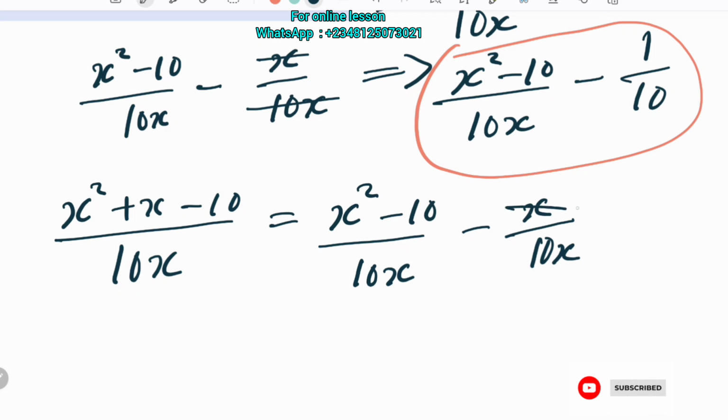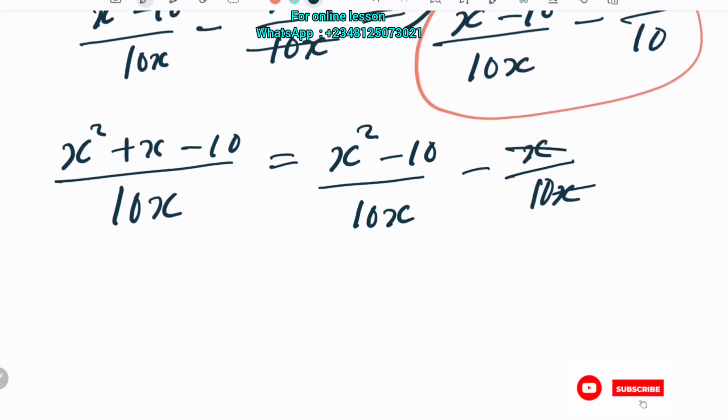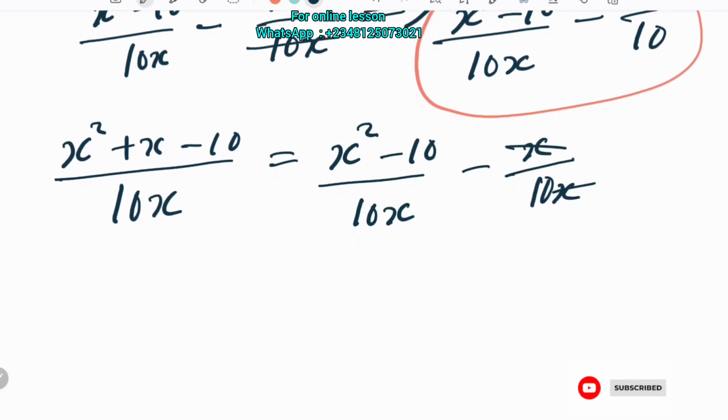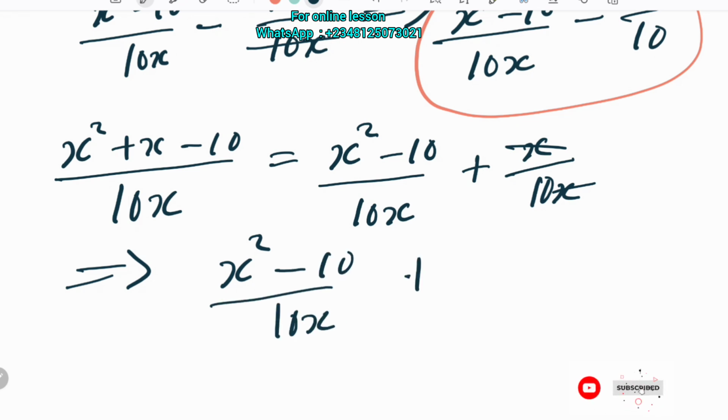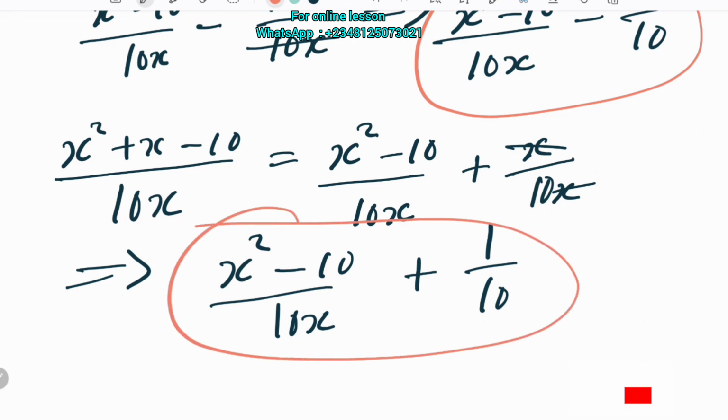So we can also cancel out the x. This is plus x here, sorry. So this will also be simplified now to x squared minus 10 all over 10x, then plus 1 all over 10. So this one is another one which we have simplified.